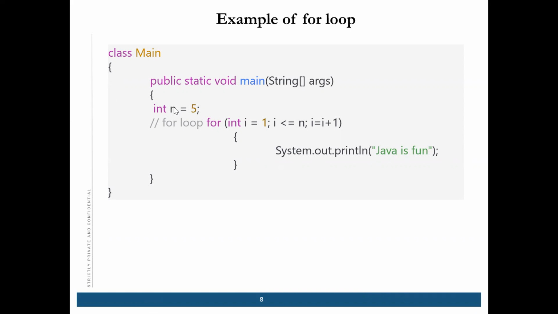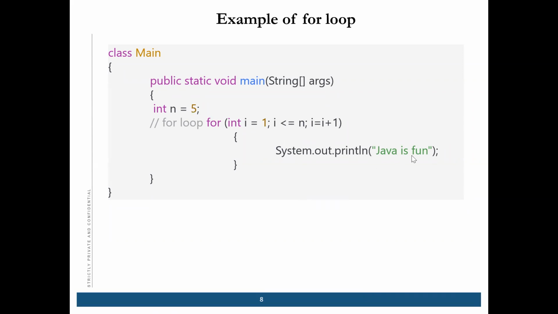So n equal to 5, we are initializing i equal to 1 and i less than or equal to n. That means it starts from 1 and will continue till i reaches 5.